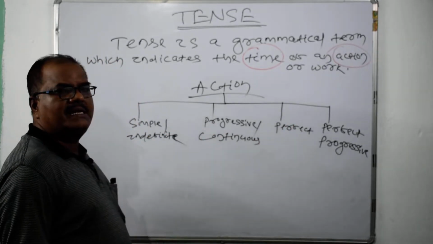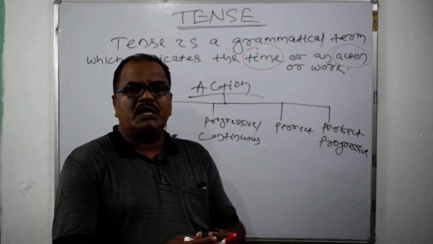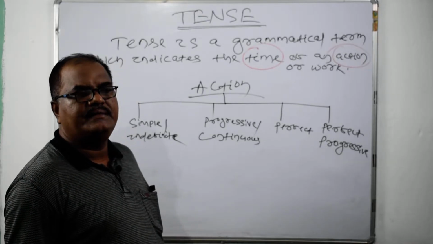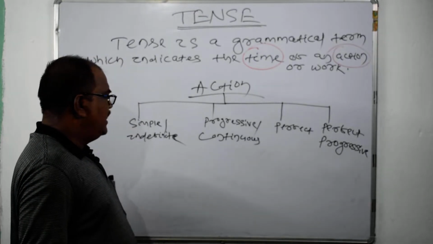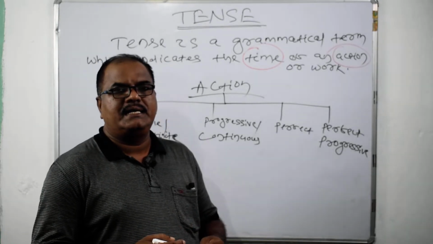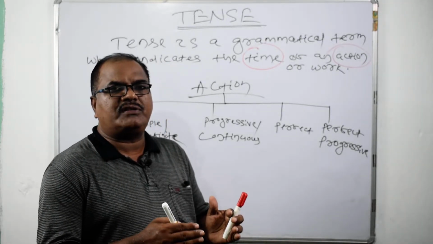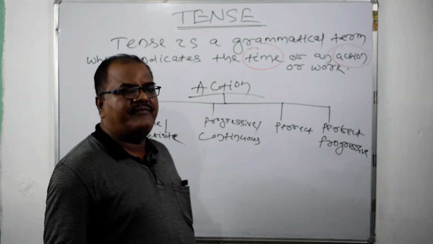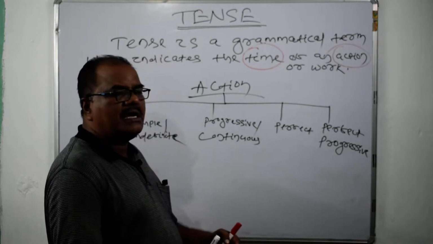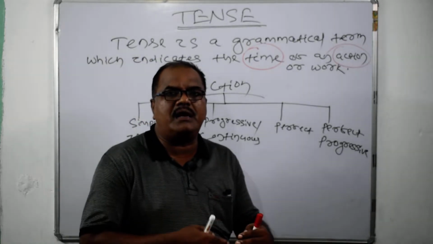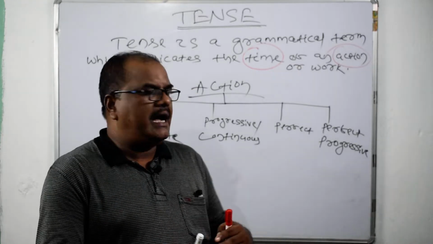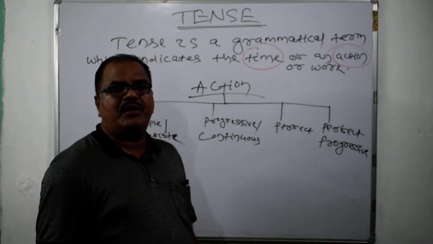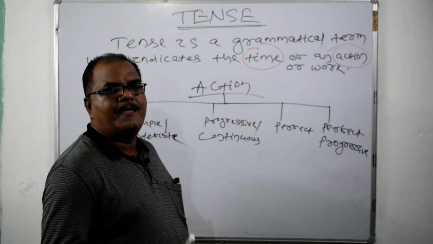Simple or indefinite action is one whose length and duration is not limited. We cannot calculate the length and the duration of the time of the action that comes under simple or indefinite. Another action, the progressive: the action is going on and going on. The action that comes under this category is measured by time.